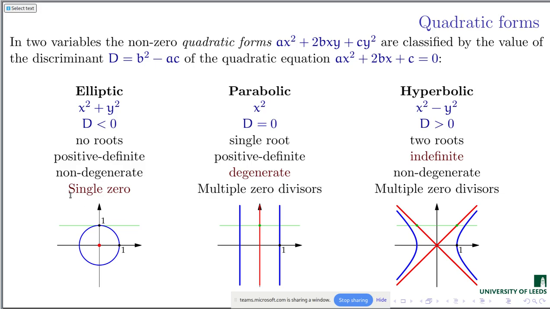An important observation is related to divisors of zero. Actually, for a rigorous definition of divisor of zero, we usually exclude zero itself, but for our purposes, it may be worth considering it as a particular case of divisor of zero. So in the elliptic case, there is just zero itself.